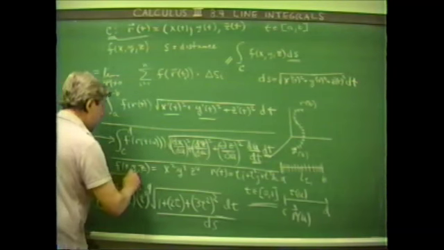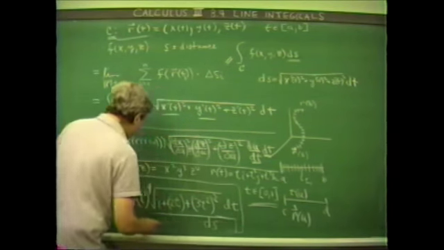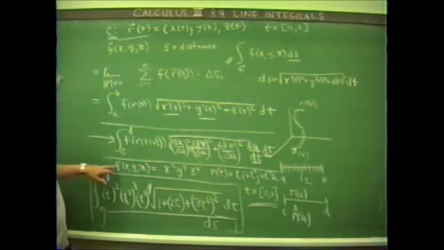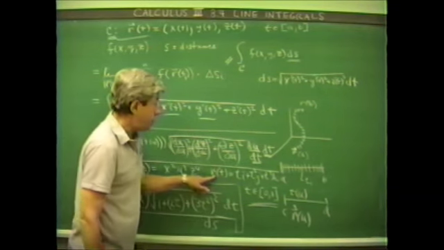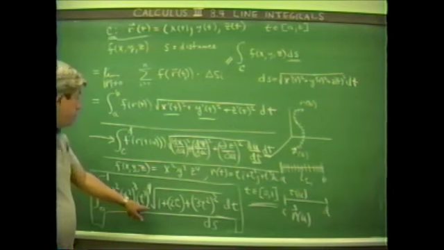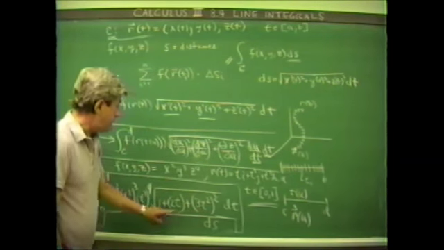And so then this right here is your ordinary Riemann integral, and it is the way to evaluate the line integral of this function along this curve, described by this r of t. Namely, you compute x prime of t, y prime of t, z prime of t.